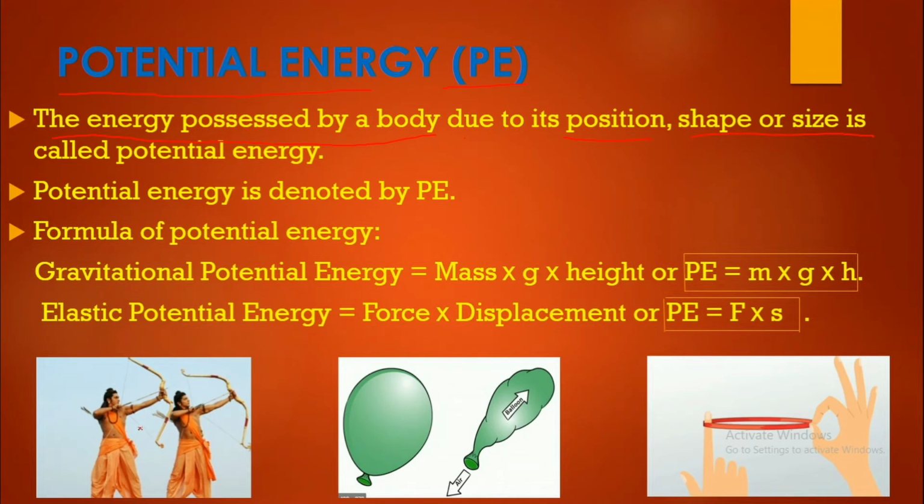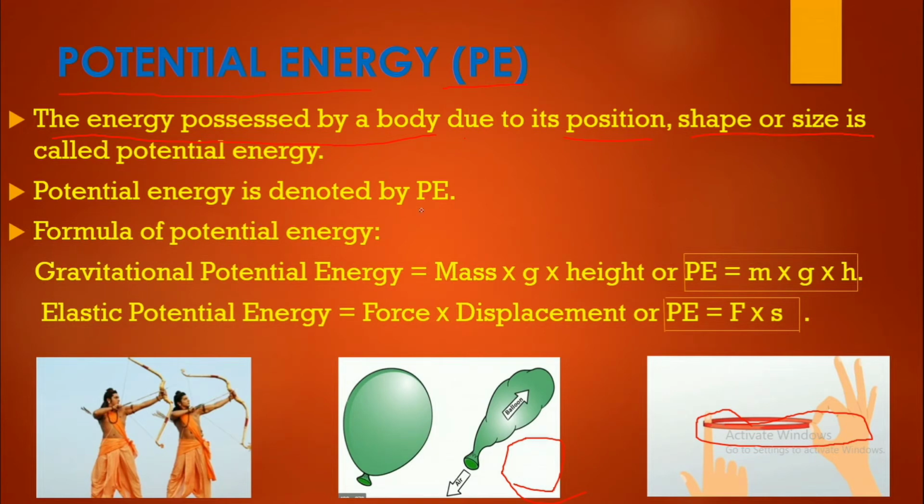Like here this man is stretching this arrow bow, and due to this energy is produced. So this is an example of potential energy. And here also, due to shape, an elastic rubber is stretching, this is also potential energy.